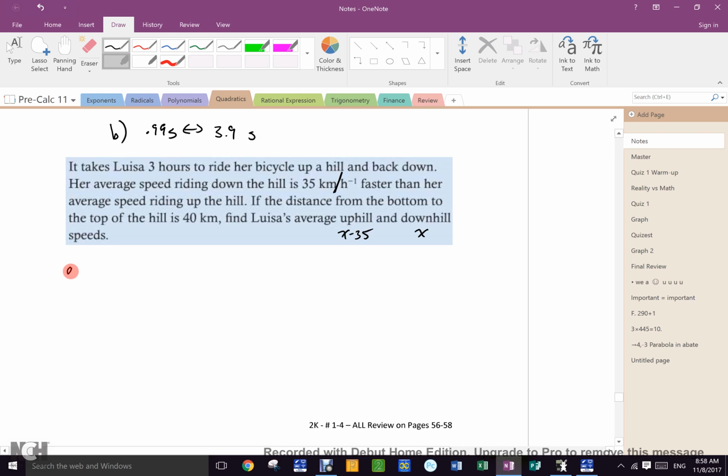We know that distance equals speed times time, correct? Right? And we know all the versions of this, right? What does speed equal? Distance over time.